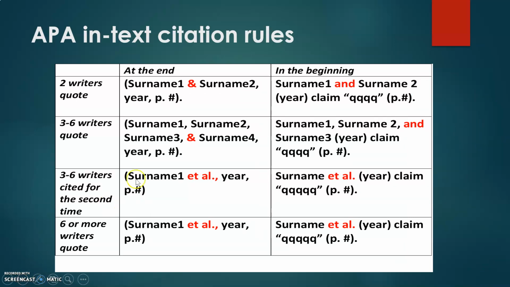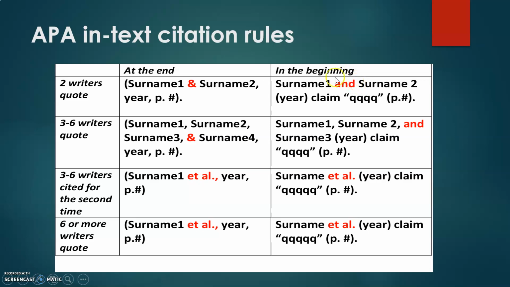If there are two writers, if you're giving the information in parentheses, this is how you give the information. You give the first surname, use an ampersand and give the second surname. With a comma, you give the year and then you give the page number. If you like, again, you can give the citation in the beginning of your sentence.